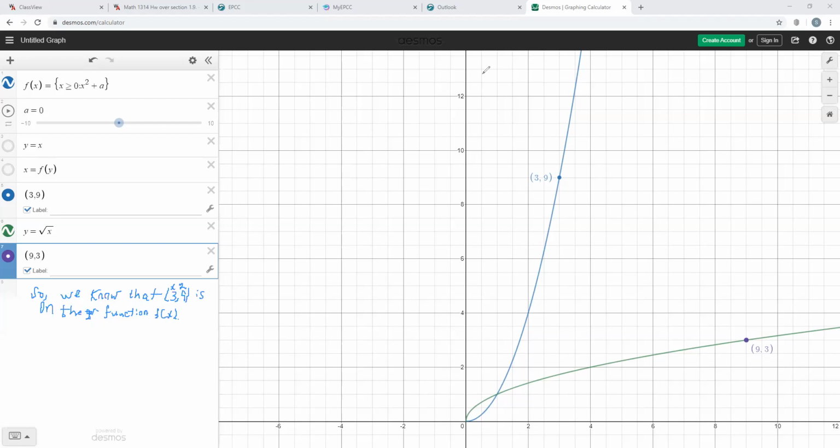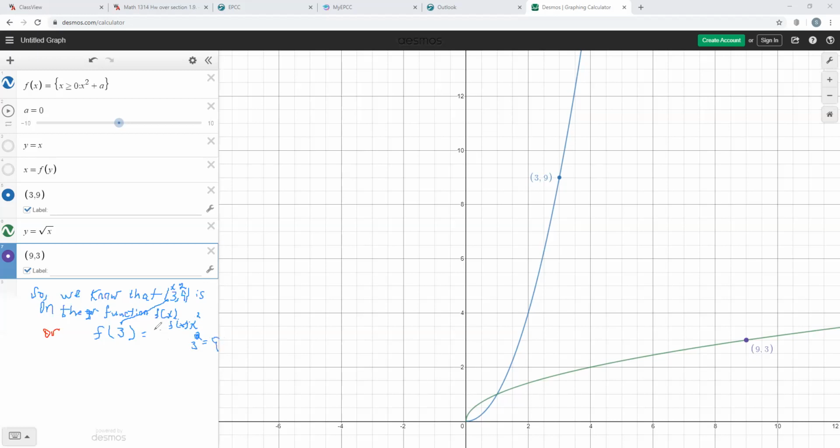So another way to write that is, if we take f of 3, this 3 right here, put it into the function, which by the way is x squared, f of x equals x squared, remember, then we get 3 squared, which is 9.